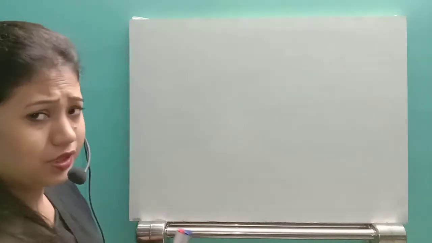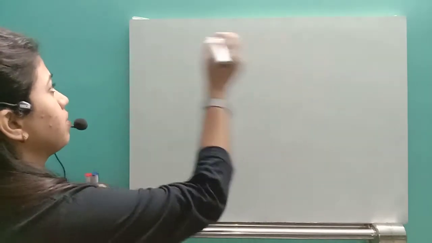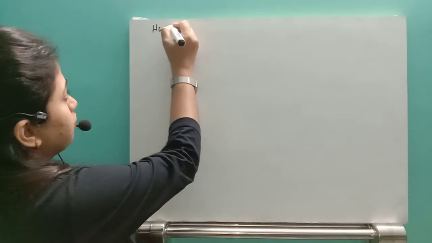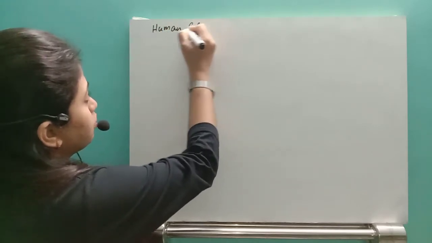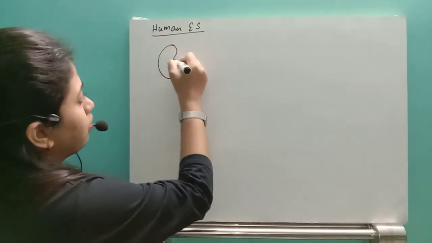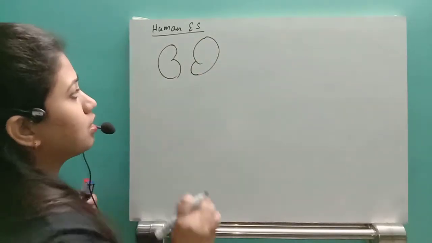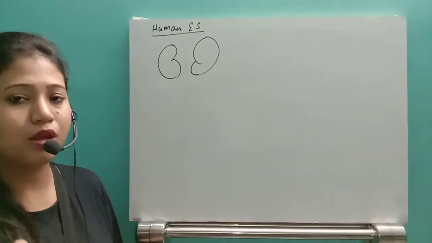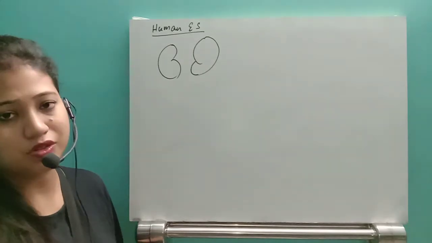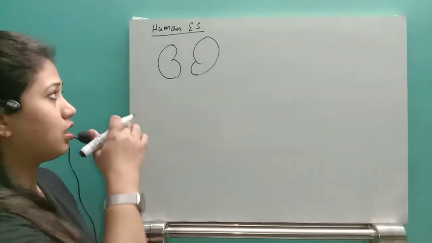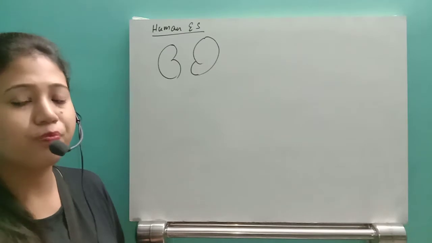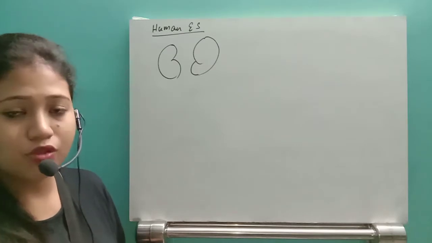So just see how the human excretory system looks. First of all, the human excretory system is made up of a pair of kidneys. And we need to know also that the right kidney is a little below and the left kidney is present above. The reason is that it is not allowed to have any friction.